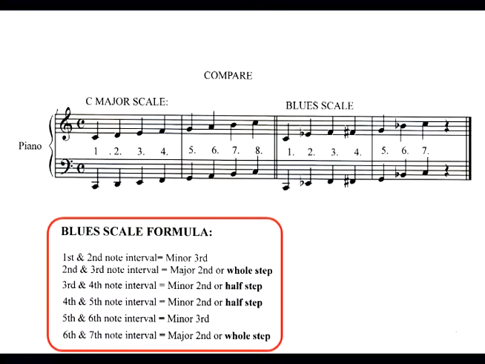And then a major second or whole step. So essentially we have 2 minor thirds, 2 major seconds, and 2 minor seconds. And that's how the blues scale is constructed.